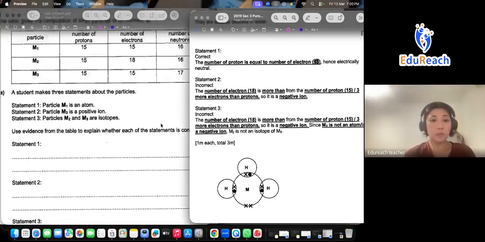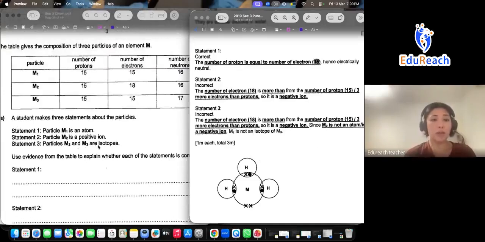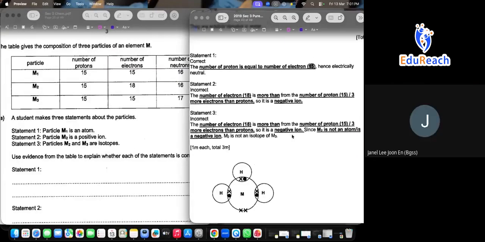Statement 3: particles M2 and M3 are isotopes. Janelle, tell me again, what are isotopes? They are from the same element but have different neutrons. Okay, be very specific.